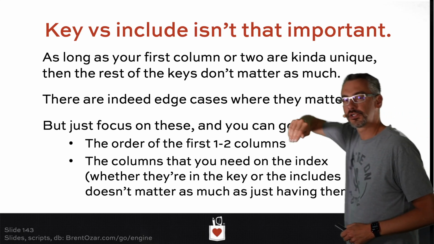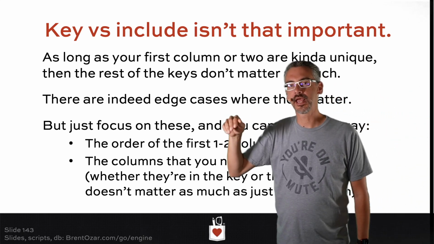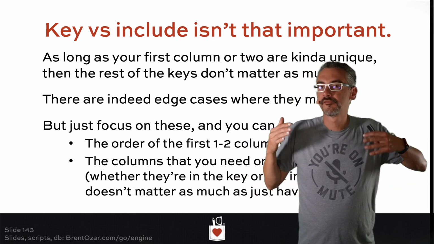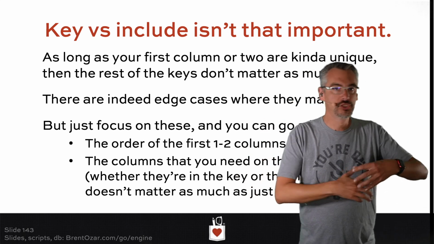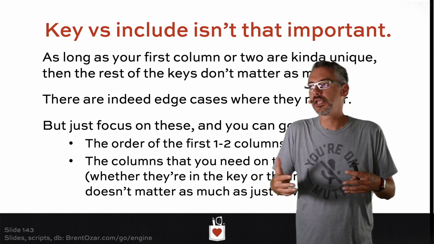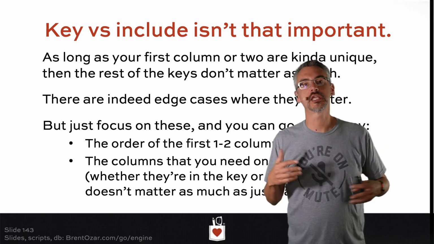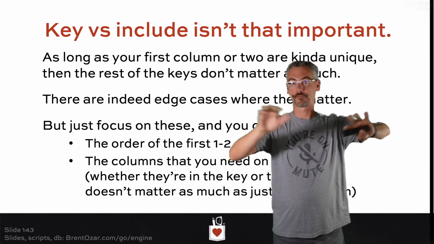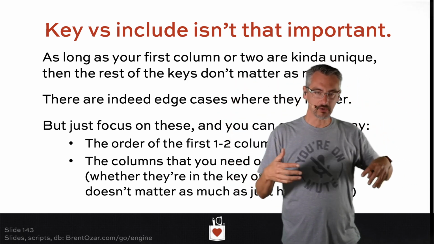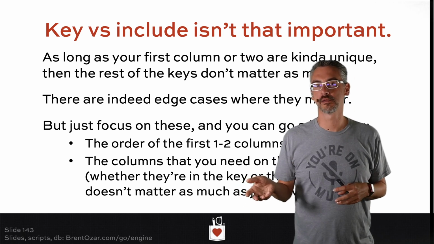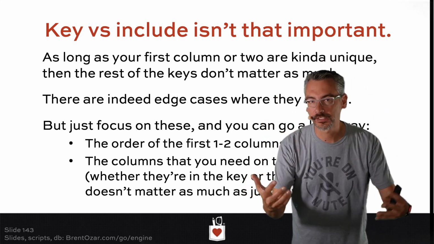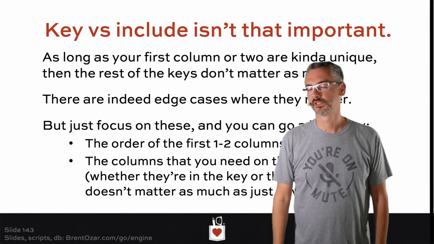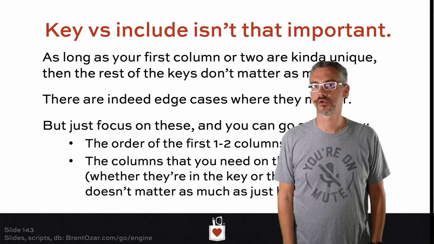The first column in an index is dramatically important. The first column, generally speaking, needs to be relatively unique. It doesn't have to be perfectly unique, doesn't have to be perfectly selective, but generally the first couple of columns matter a lot. The rest of the columns, order doesn't really matter whether it's in the key or the includes.